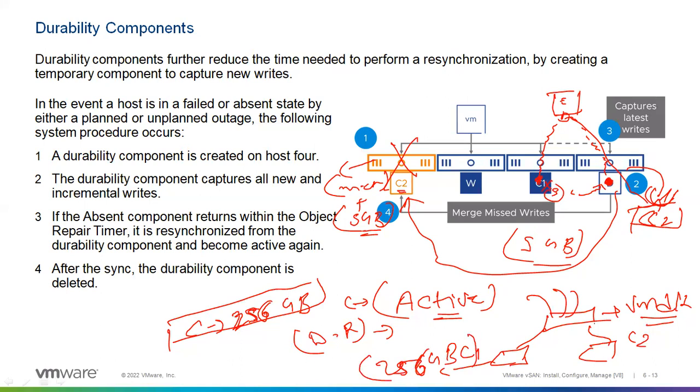If a particular component needs more, it will create another 256 GB chunk. So if it's going beyond 256 GB, then it will create another component for it. However, delta could be more than 256 GB, but ideally it is not seen while in maintenance mode.